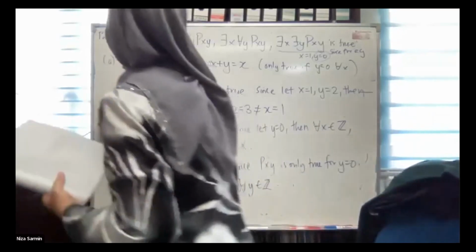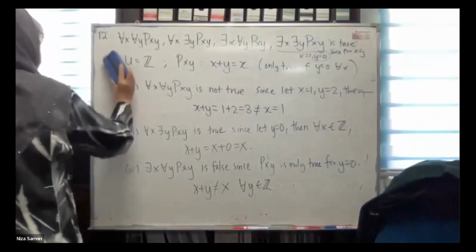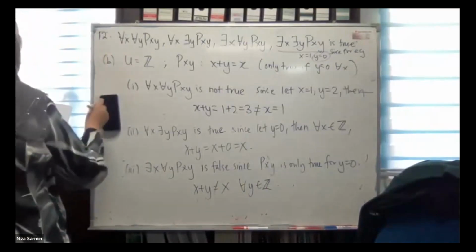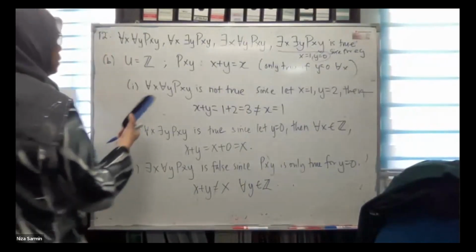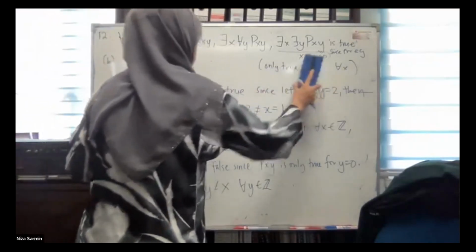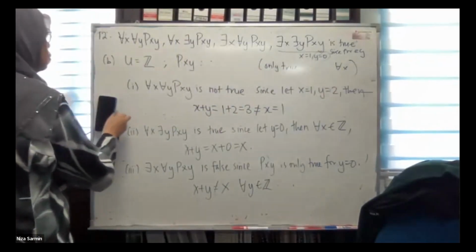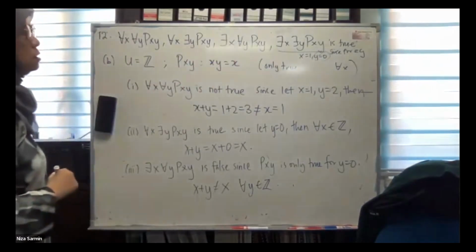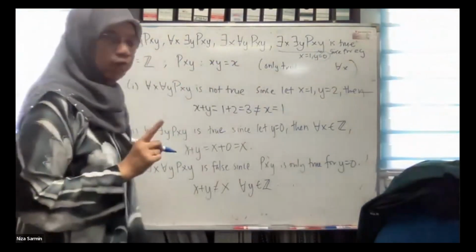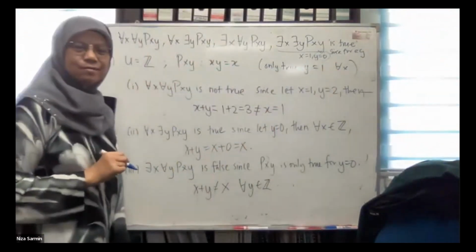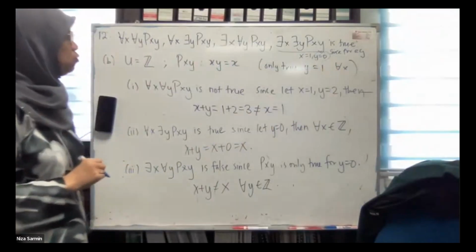Okay, for part B, it's very similar. But this one is xy equal x. Right? So this is only true if y is 1. Only true if y is 1.